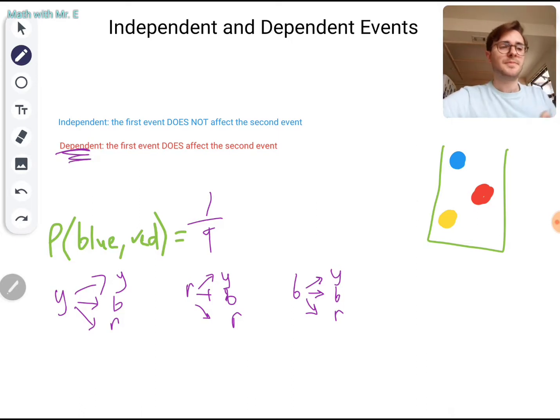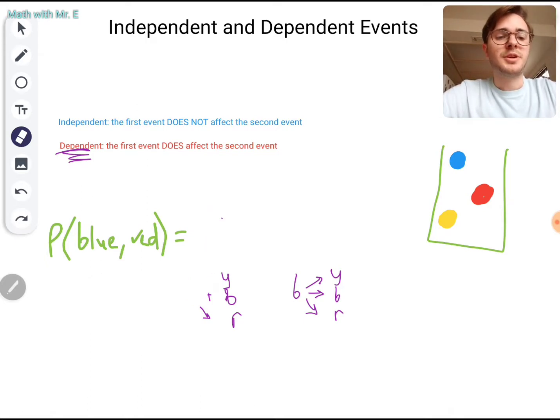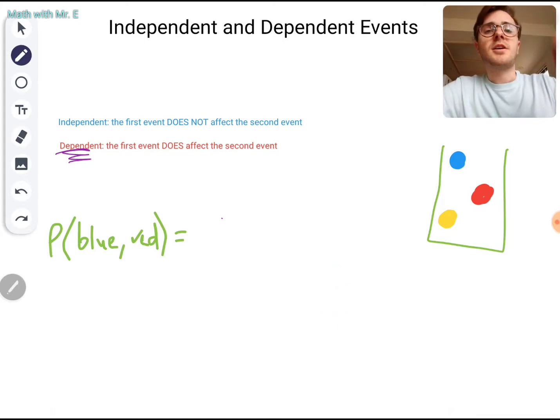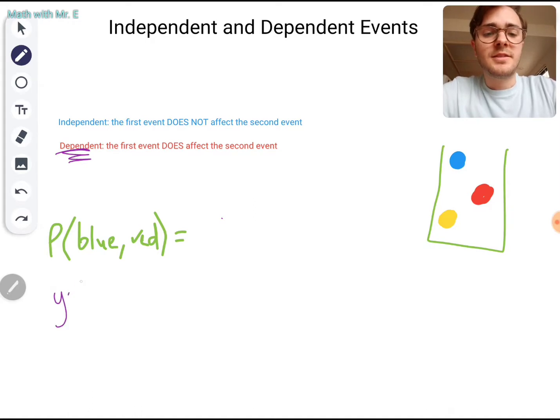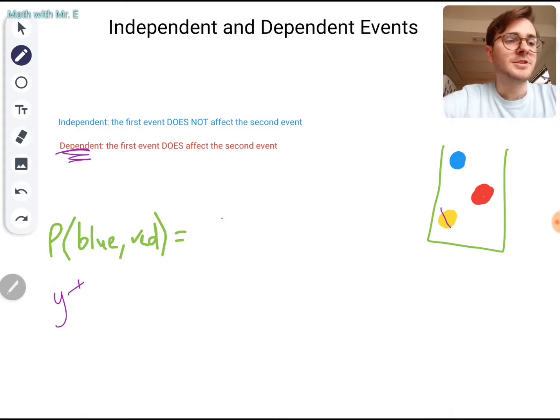Okay, but let's take a look at if we were to do this as dependent events. This time, I'm not going to put the marble back after I draw it. So let's take a look at what that would do to our probability problem here. Let's say I draw the yellow marble first. Then in this scenario, the yellow marble is no longer there, right? We can imagine it's not there.